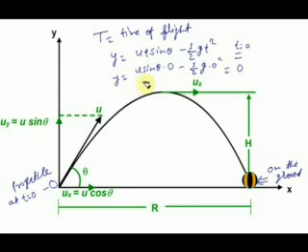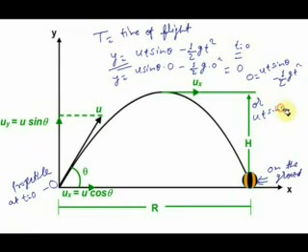So if you put y is equal to 0 in this equation, we get 0 is equal to ut sin theta minus half gt square, or ut sin theta is equal to half gt square, or t is equal to 2u sin theta by g.